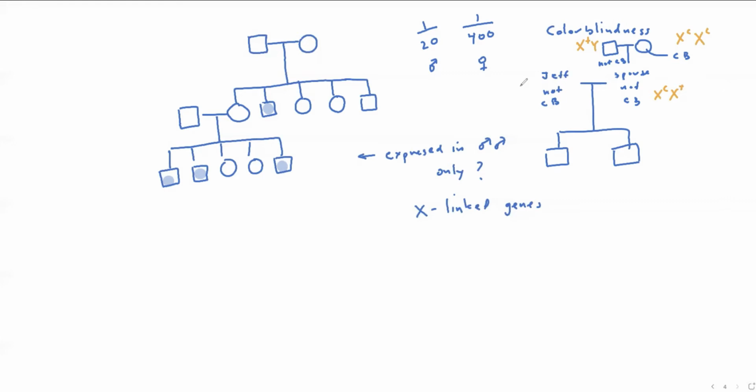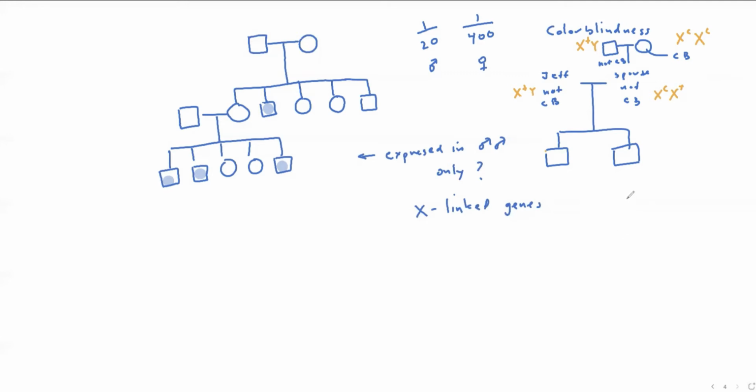Now, me, I know, Jeff, not being colorblind, you know that I'm X+ Y. And therefore we can use a Punnett square to figure out what the likelihood is for the different combinations of offspring, for both gender and for color blindness.